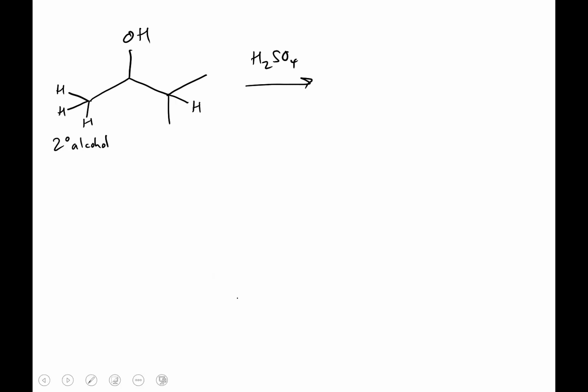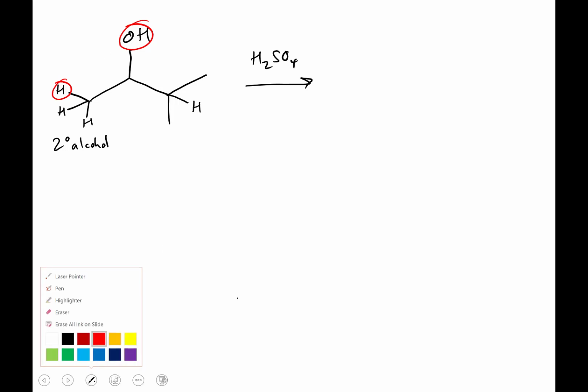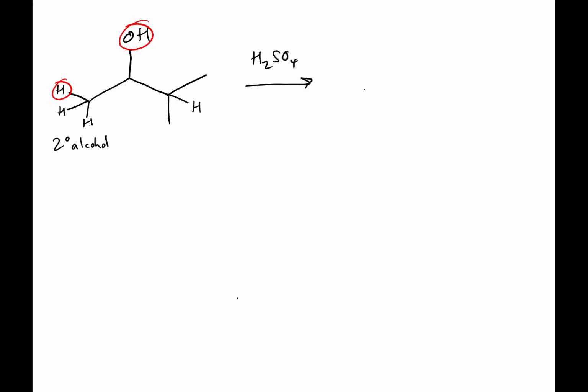So let's first do what we've been doing. Let's pretend these hydrogens on the left are all equivalent, so it wouldn't really matter which one I choose. I'm just going to choose that H and that OH, and pull those off. Then I draw what's left over. I'll still put that hydrogen there just because we drew it earlier.